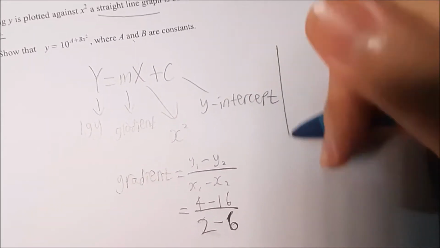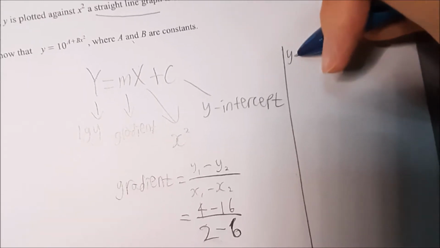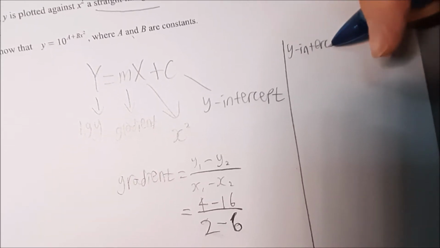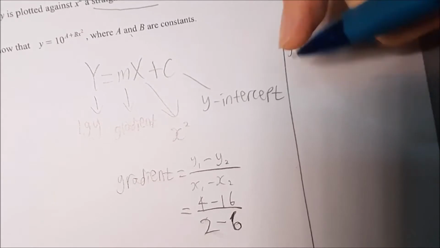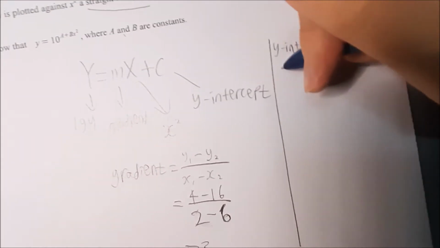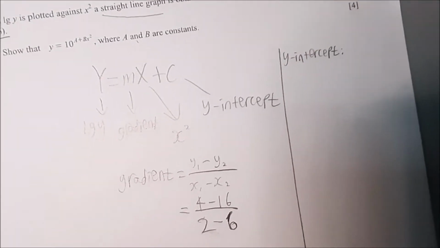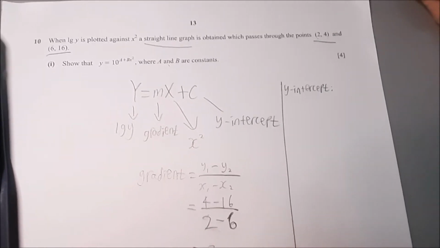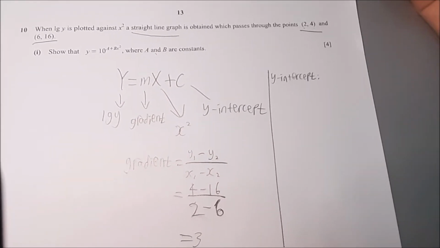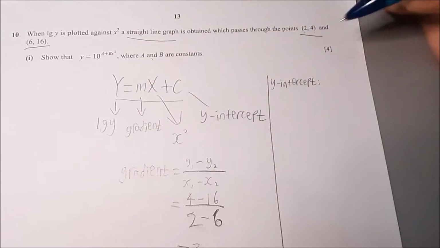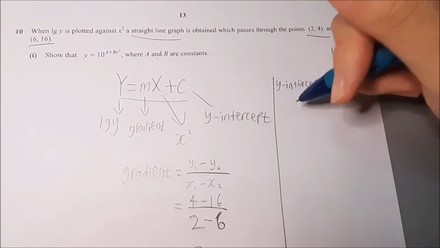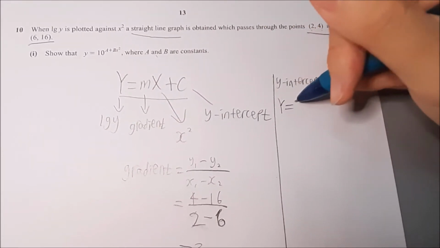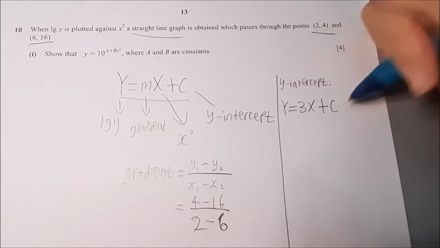And now your y-intercept. To get this value, you have to first substitute the gradient inside the straight line equation, which is y equals mx plus c. So y equals 3x plus c.